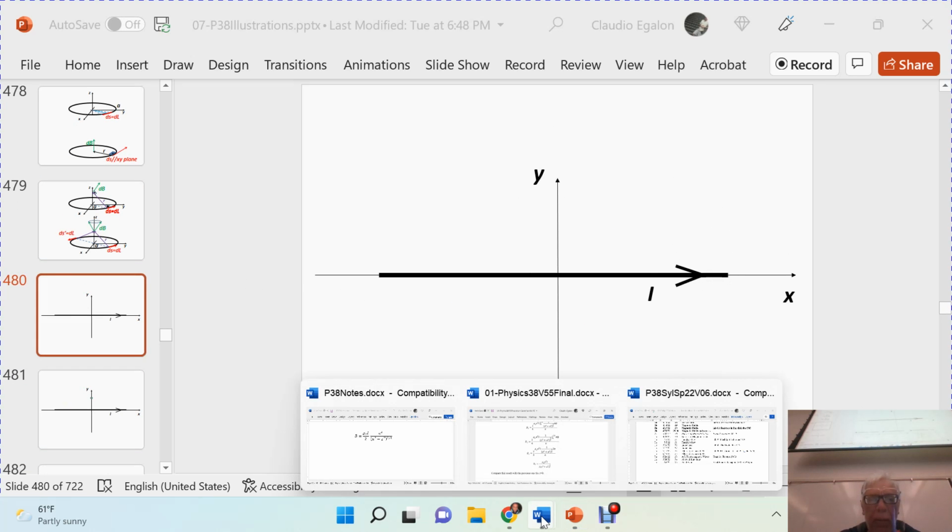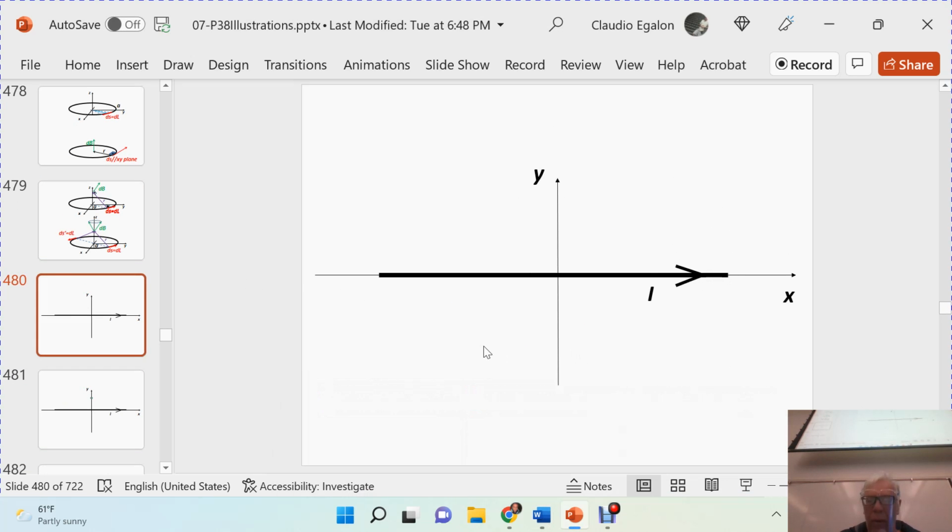Let's just pencil out an infinitely long wire along the x-axis. You want to calculate the magnetic field at a point along the y-axis. It doesn't have to be along the y-axis, it can be anywhere because this wire is infinitely long.